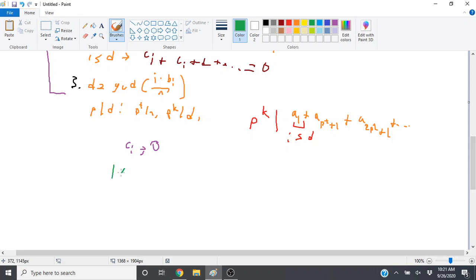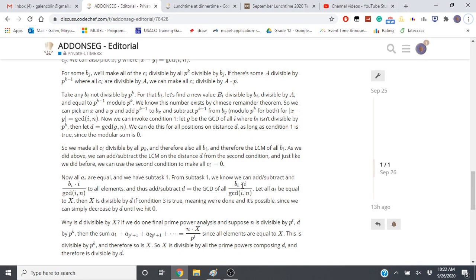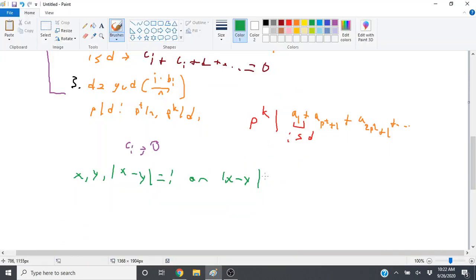First, because this is a difference array, doing an operation basically entails picking two elements, x and y, such that x minus y is equal to i, or x minus y is equal to the GCD of some i and n, because we can construe the operations that way. Then we say Cx plus equals bi and Cy minus equals bi.